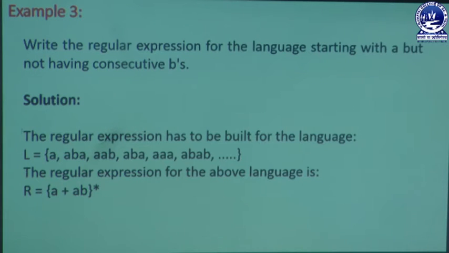We may have more than one a, there is no problem, but b cannot appear in consecutive format. It must be represented like a b, then a b, then a b a, then a b a, whatever, but b is never created consecutively. A b b a or b b a cannot be created in this question.